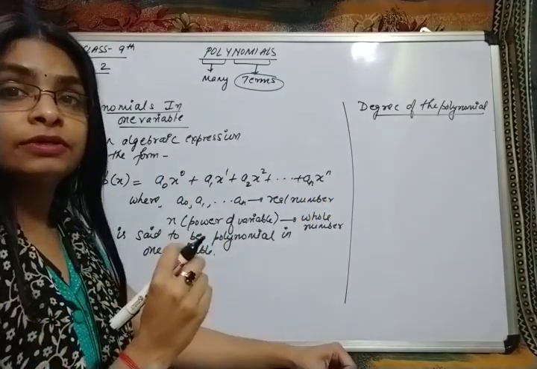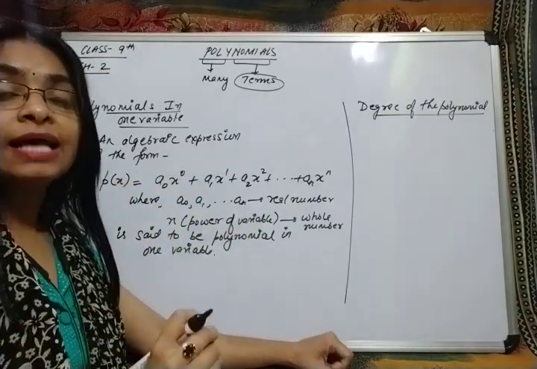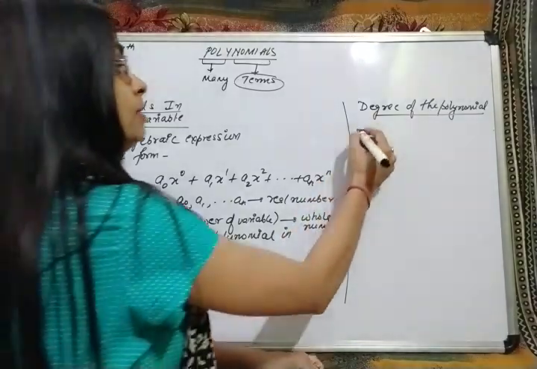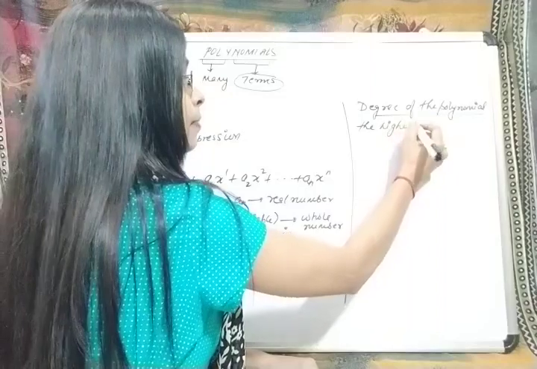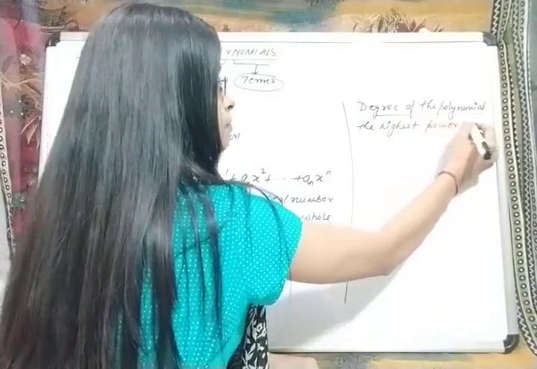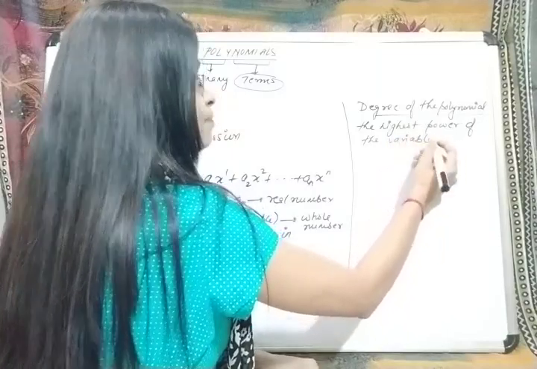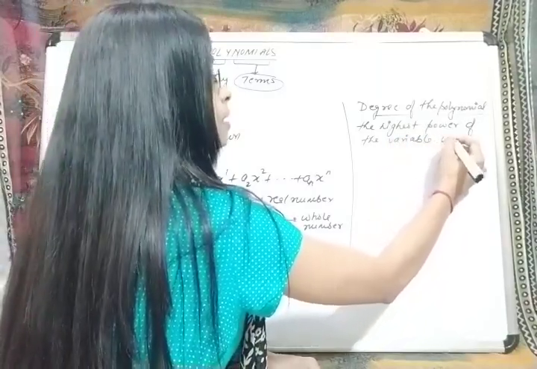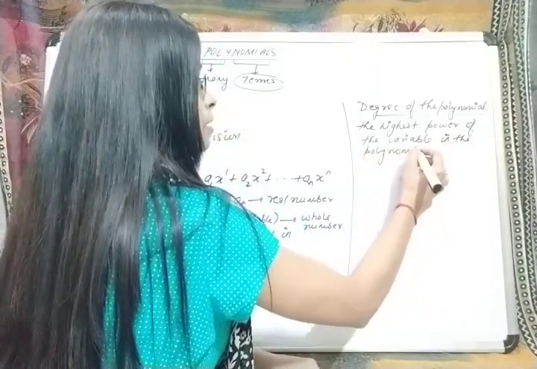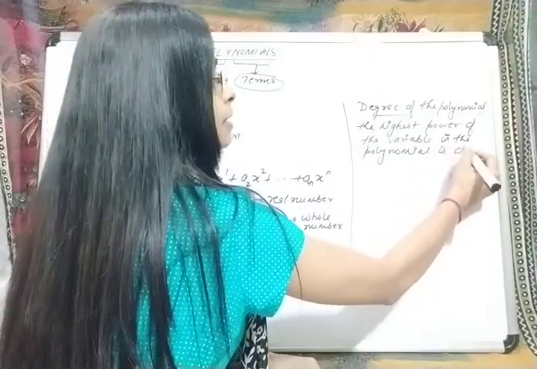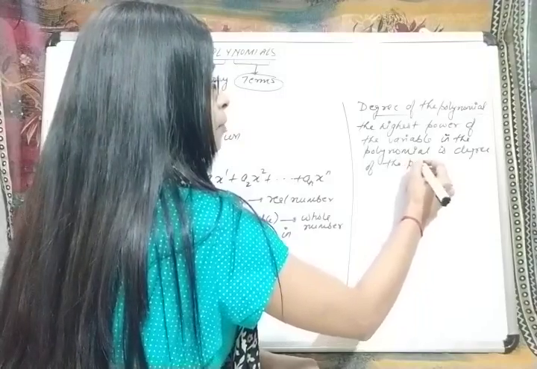The highest power of the variable in the expression is known as the degree of the polynomial.